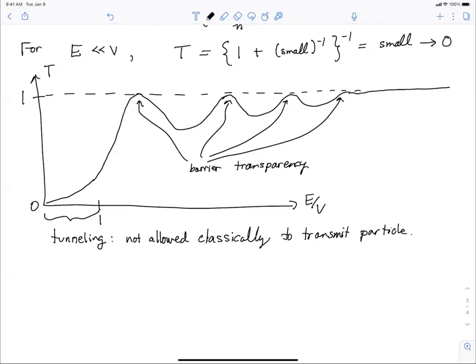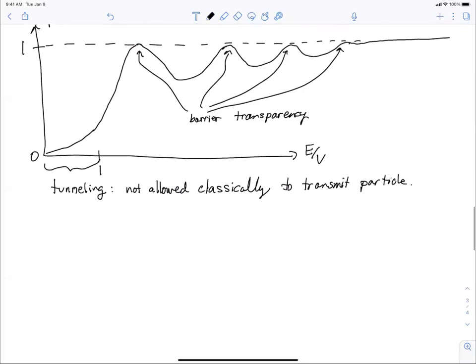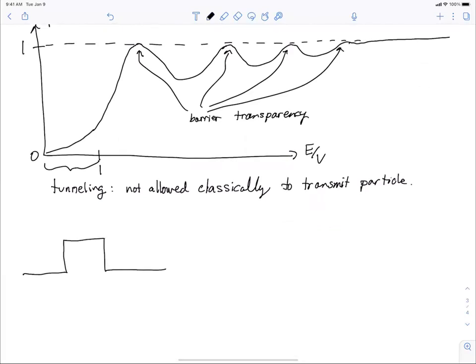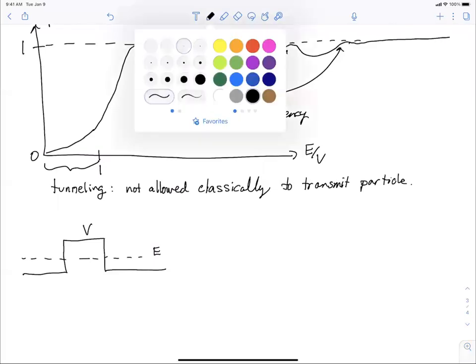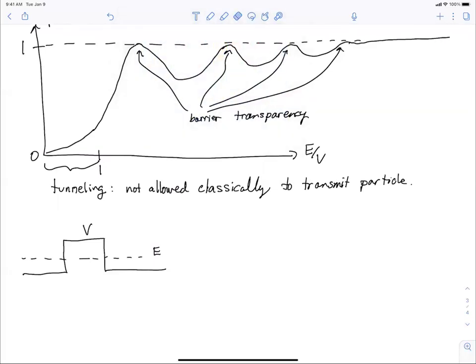But what we find is that quantum mechanically, so just to draw a picture, here's our barrier. Here's V. Here's the energy level of the state that we're sending through. And so what's happening is that the wave function is an e to the i kx in here. I'll draw that cartoonishly as a wiggle. And then here it exponentially decays, and then it wiggles on the other side.